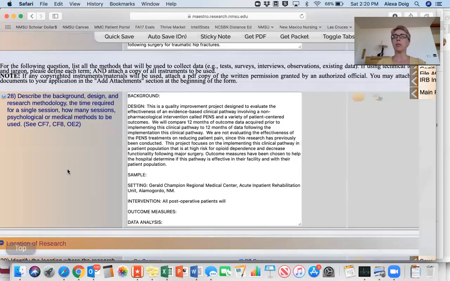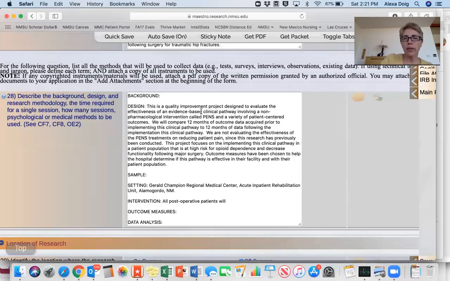Under design, again, we don't usually use the term design for quality improvement projects. So what I wrote here says, this is a quality improvement project designed to evaluate the effectiveness of an evidence-based clinical pathway involving a non-pharmacological intervention called PENS and a variety of patient-centered outcomes.